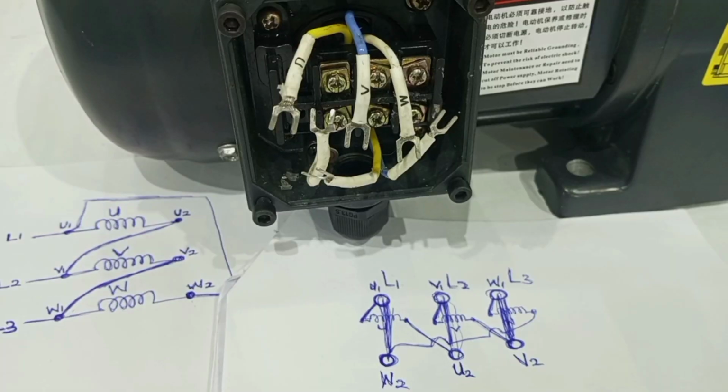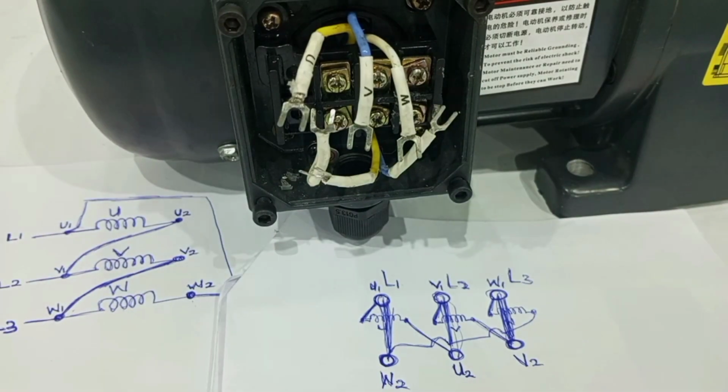So from the various explanations, you see that for delta connection, each winding must be connected across two phases. And that's why the terminals must be marked or labeled the way it is so that it will be easy for the motor to be connected in both star and delta configurations.